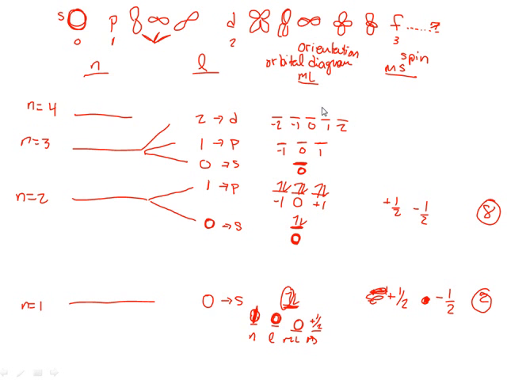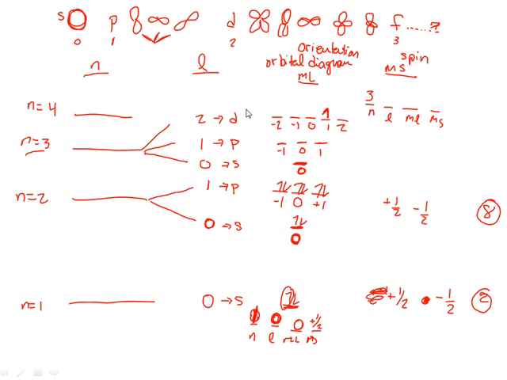So let's just say we are talking about an electron in this orbital. Let's do the 4 quantum numbers: n, l, m sub l, and m sub s. Well, it is in n equals 3, the third principal level.